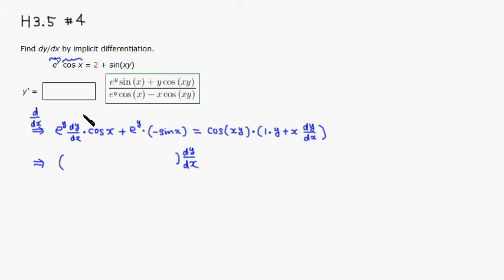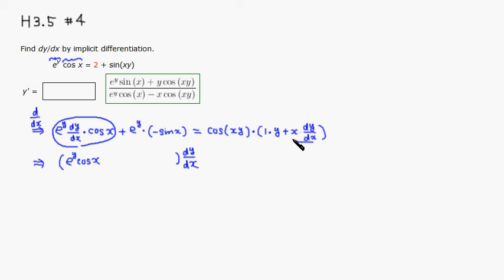The first term that has dy over dx, I'll write as e to the y cosine of x, then dy over dx is factored out. Then you have cosine of xy times x times dy over dx.